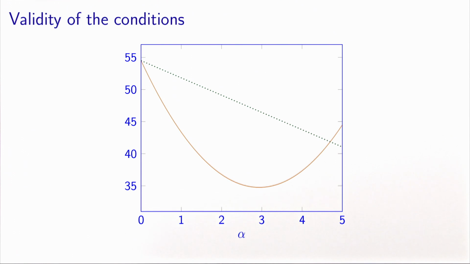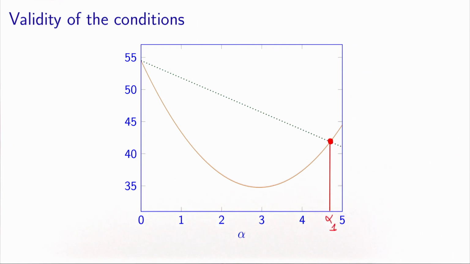In this case it happens here. So we have the guarantee that such a point exists because the function is bounded from below in the direction dk. We call this value of alpha here alpha 1.